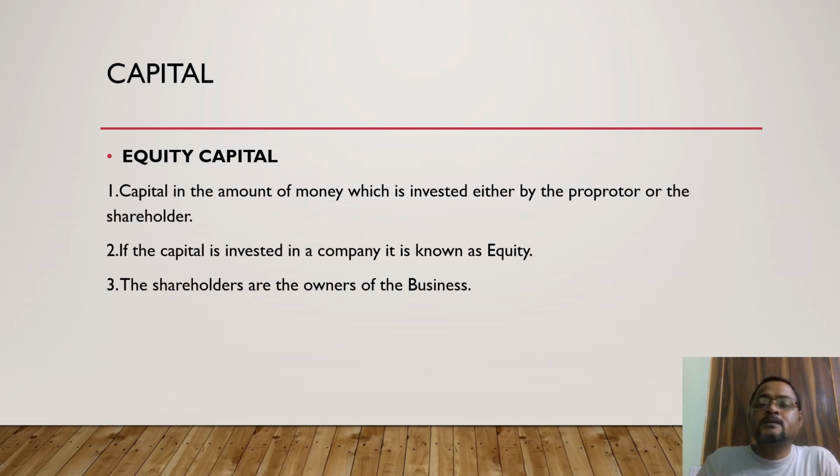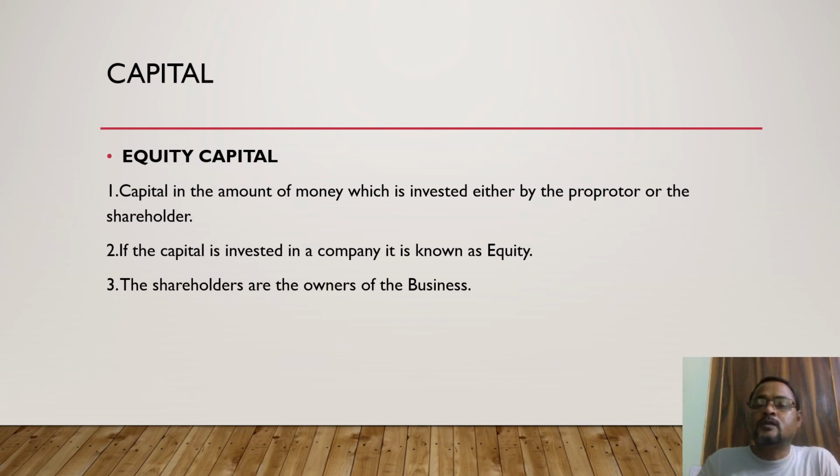The capital is invested by the owner or the shareholder if the company is categorized as equity. The equity is owned by the equity shareholders. The shareholders are the real owner of the business.